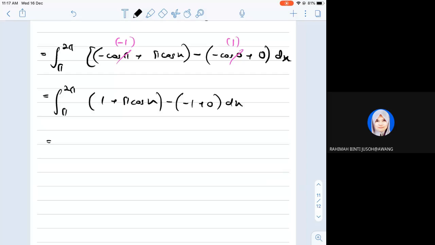So we will have from pi until 2 pi, 1 minus 1 becomes 2 plus pi cos x dx.